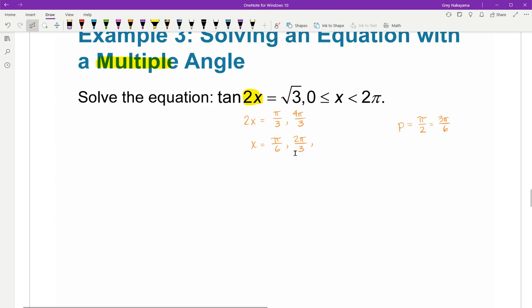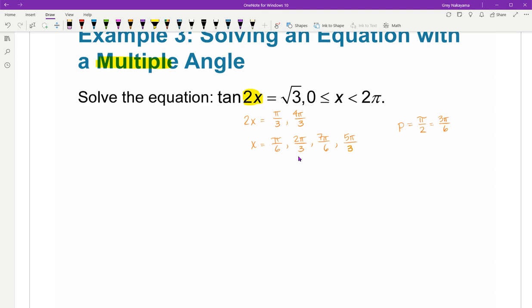Well, that's what this guy is right here. 4 pi over 6 plus 3 pi over 6 is 7 pi over 6. And 7 pi over 6 plus 3 pi over 6 is 10 pi over 6, which reduces to 5 pi over 3. And I have my 4 answers.